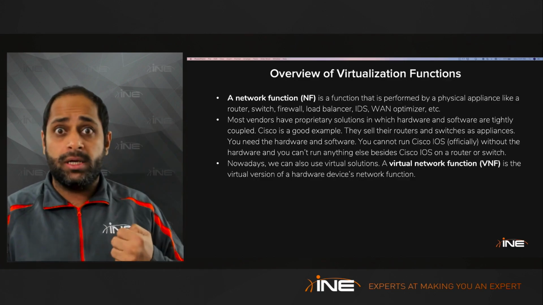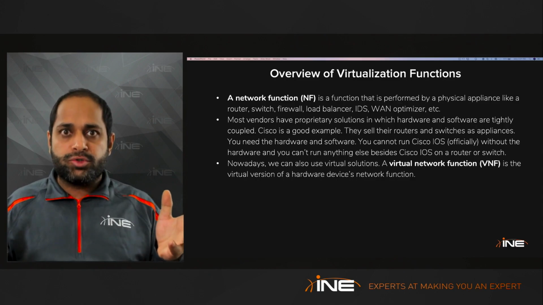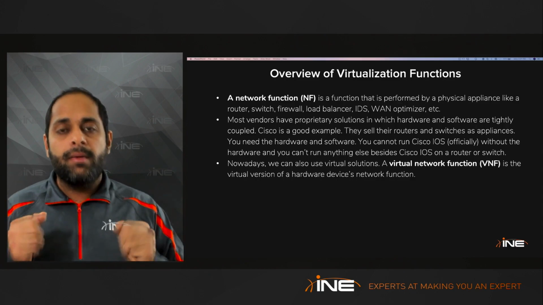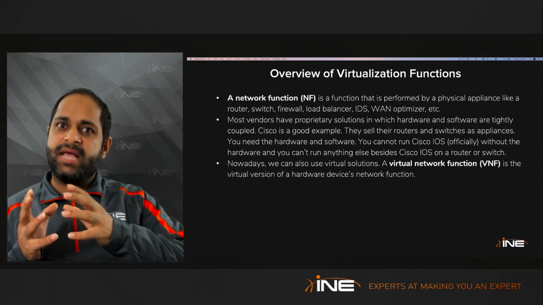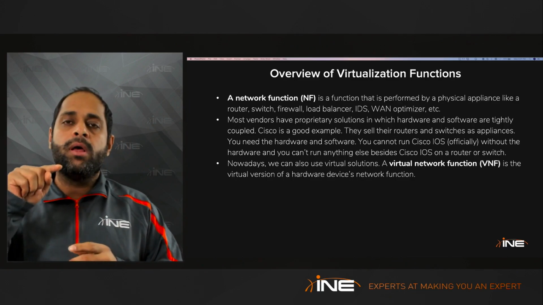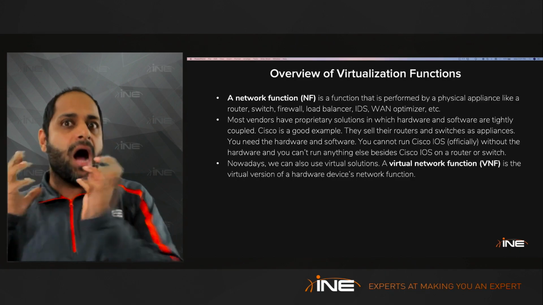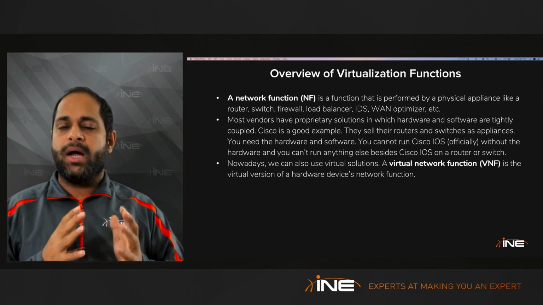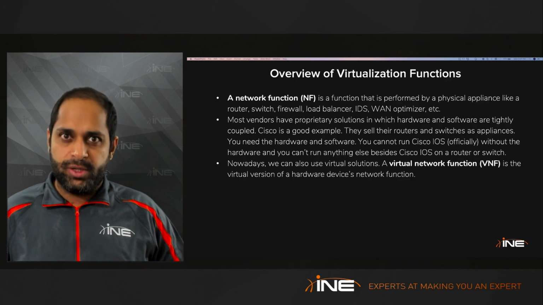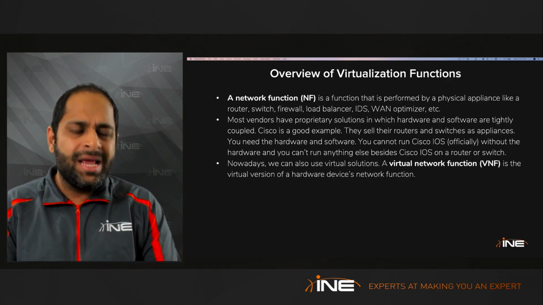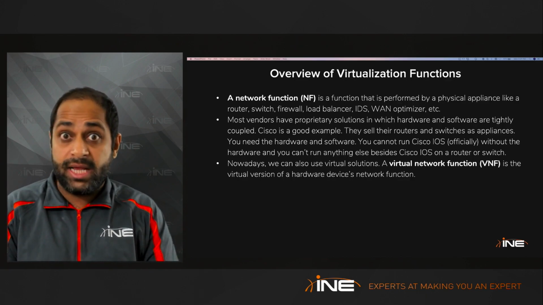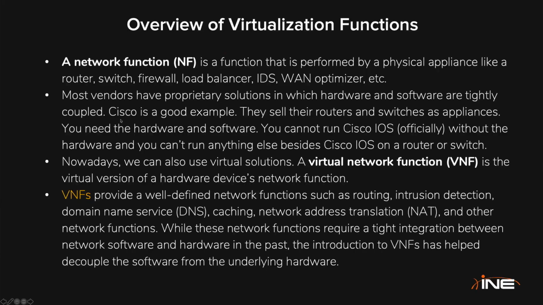For example, a router is originally supposed to be an appliance. But now, by deploying a VNF, we are taking that hardware appliance, removing that part and deploying it as a virtual appliance. So virtualization is a big aspect in today's networking environment.